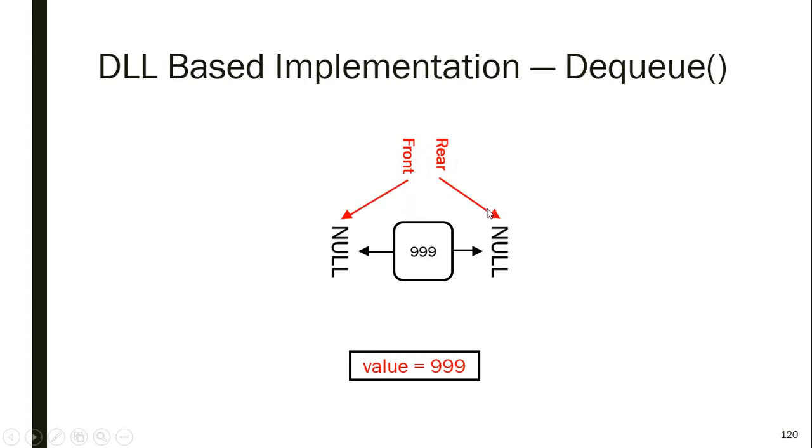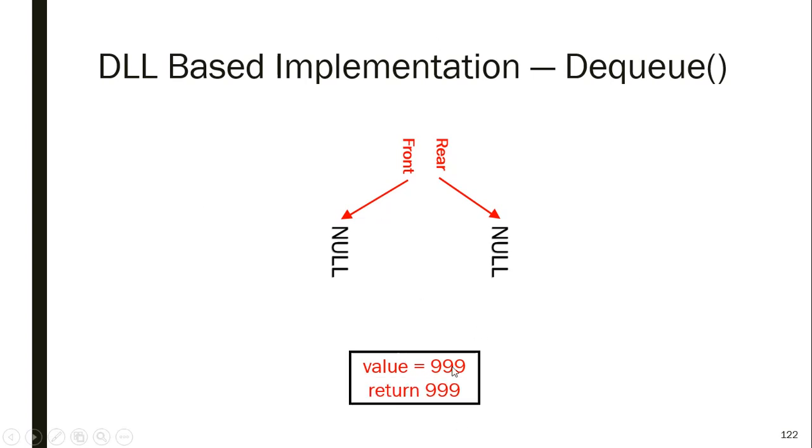These are your next statements, and then you will delete this node so that your memory is freed. It's quite simple. It's a very easy implementation. That is why I have not written its algorithm, because it just requires 3 to 4 statements. Then you will return this value.